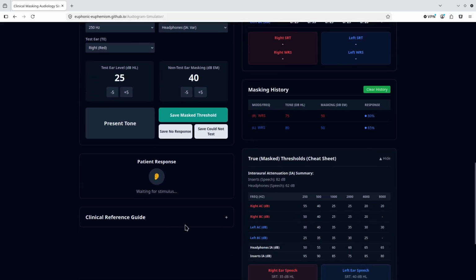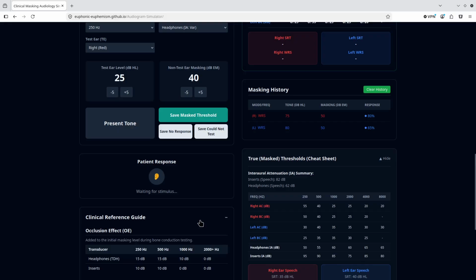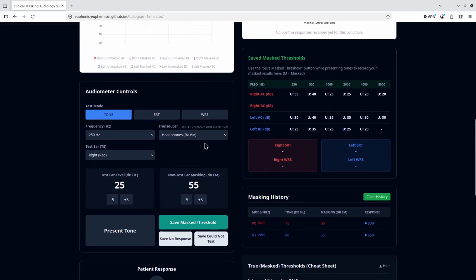And ordinarily, we would add an occlusion effect here. We can give it a shot at 15 dB occlusion effect. We can give it a try and just see how it turns out.